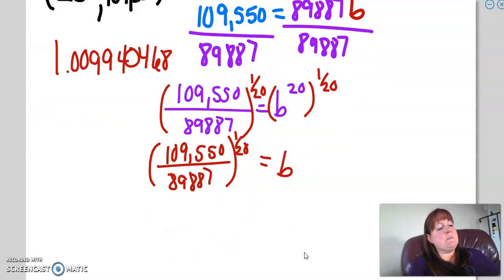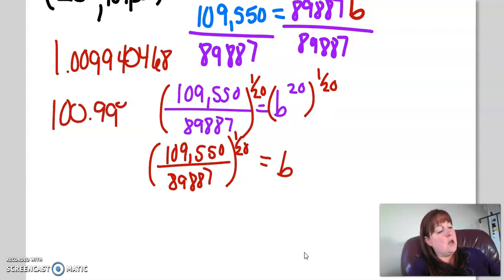So what does this mean? What does this actually mean? That means that every year the population of Billings is getting multiplied by 1.00994, whatever. Okay, so that's about 100.9%. It's about 100.9, excuse me, 100, not 109, 100.99%.